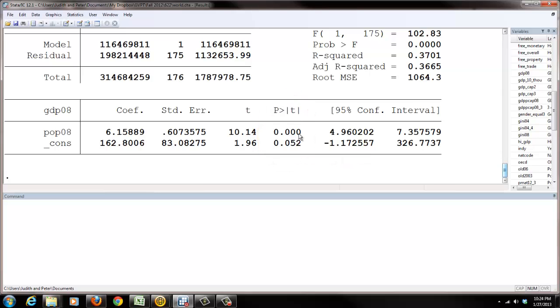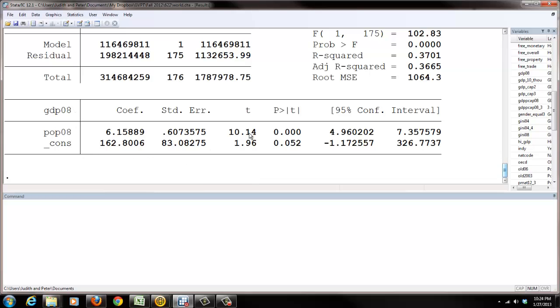This can be interpreted as the probability that we would observe this effect from our data if the null hypothesis is true. Keep in mind that we are doing a two-sided test. So the null hypothesis here would be that there is no effect of population on GDP.